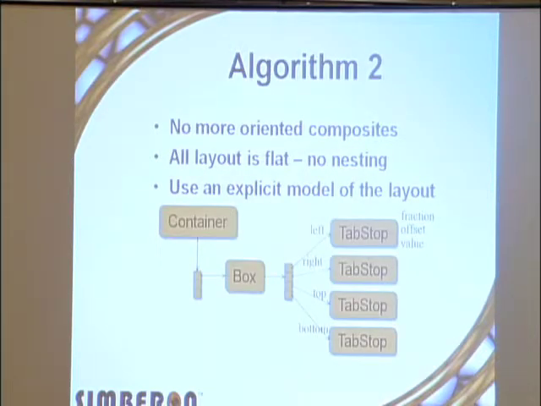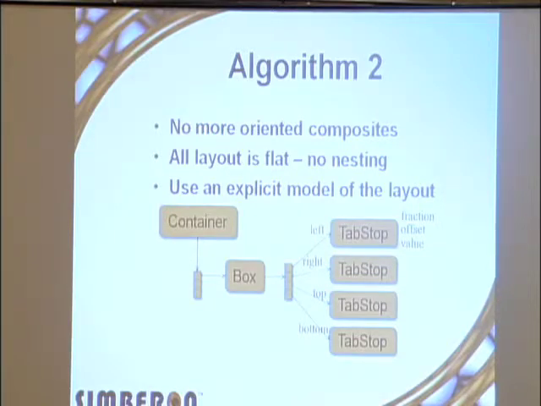So we started with algorithm 2. With algorithm 2, we now look at the user interface as being totally flat. I'm not going to have hierarchies anymore. They were just too hard to deal with. So no more oriented composites. And the one big factor is now I'm using an actual explicit model of the layout.